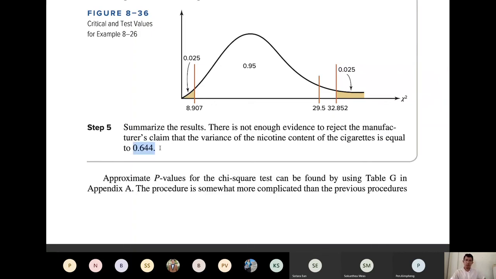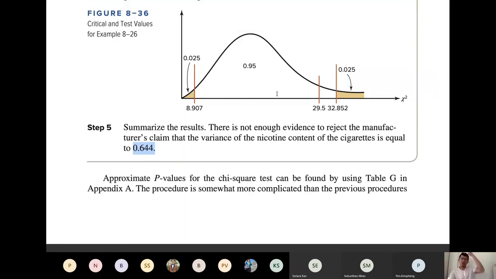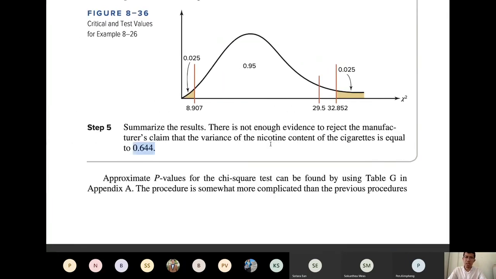Okay, and this is the end of what I planned for you. You may ask, the way to conclude the hypothesis testing can be to compare the test value with the critical value, as you have seen so far.